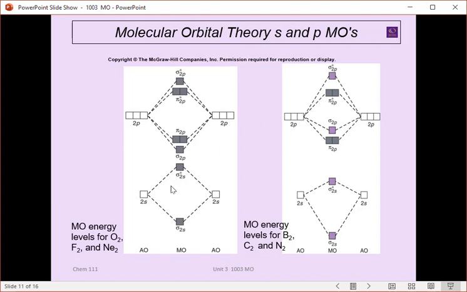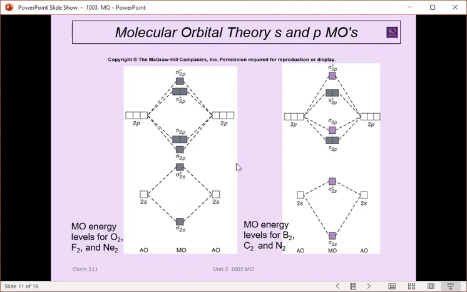And then when you look at oxygen, fluorine, and neon, the sigma from the 2 s's splits very evenly. So notice over here, they didn't quite split as evenly. The anti-bonding is a little lower in energy. There are quantum mechanical calculations behind that, so I can't explain, even hand waving, what the difference is there.